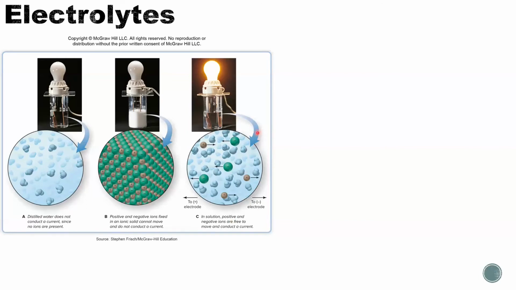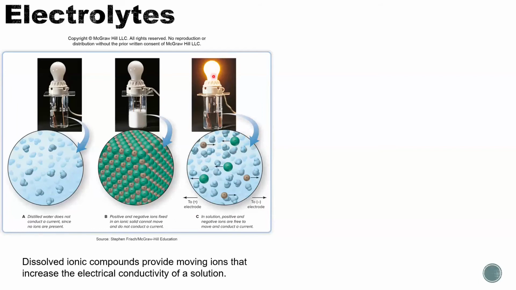On the right, when you have the solution, these dissociated or dissolved cations and anions can move freely in solution. So these can be the carrier of electricity, so the light bulb is on. So dissolved ionic compounds can provide moving ions that increase the electrical conductivity of a solution.